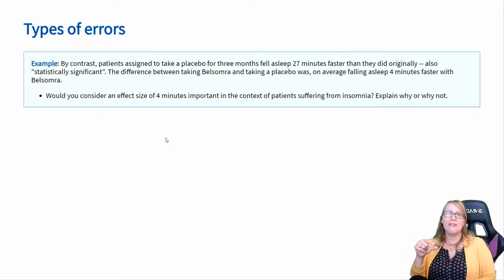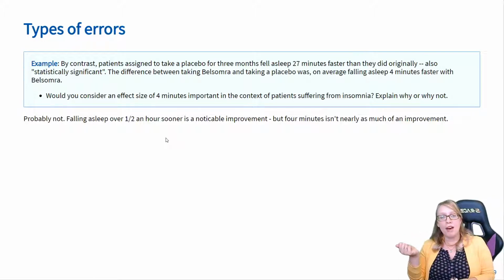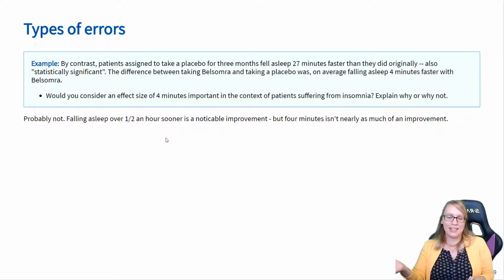Is that 4-minute effect size important? Maybe, maybe not. Certainly falling asleep half an hour sooner is noticeable. 4 minutes sooner? That's a Taylor Swift song. Is that an improvement? Maybe it's not that noticeable.